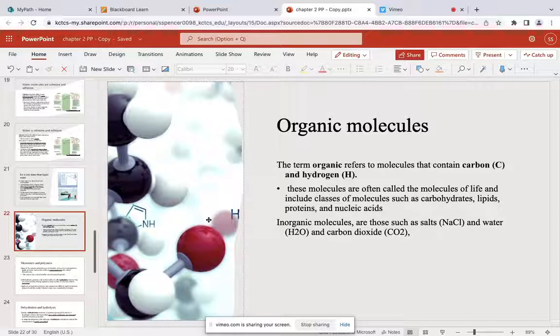Which of those is going to be an example of an inorganic molecule? Would it be regular carbon, CH4, or CH2O? If you said CH2O, you'd be correct. Because why? It contains something other than carbon and hydrogen. It's inorganic. It contains something else, and it's that oxygen that makes it inorganic.